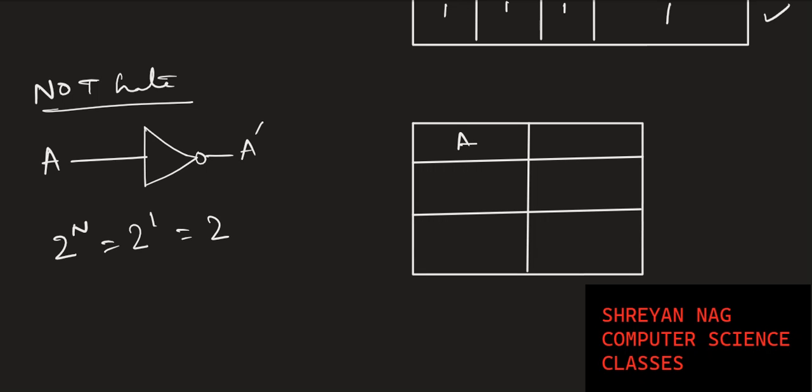So let us write it like this: y equals A bar, or A complement, or A not. So y equals A complement, and 0 and 1. So 0 becomes 1 and 1 becomes 0. It is also known as an inverter, which inverts whatever input is being given.